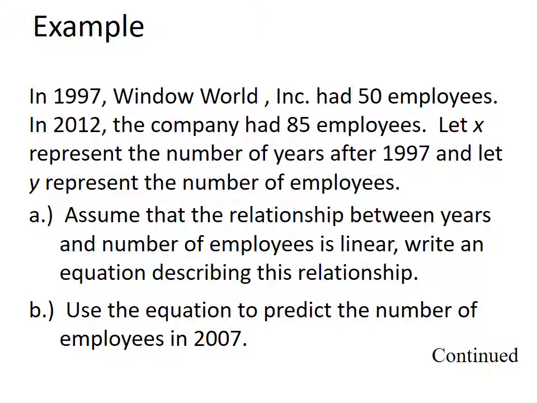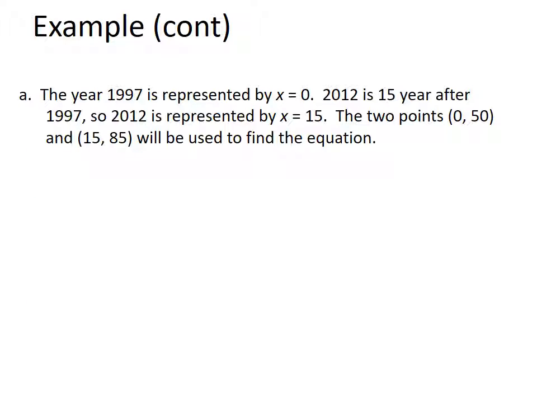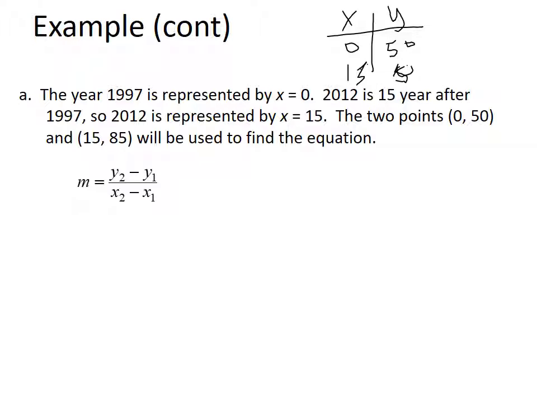So we're going to start off with the fact that if we let x equal 0, I'm going to make my table of x and y. x equals 0 is going to be 1997, and in 1997 there were 50 employees, and then 15 years later, in 2012, there were 85 employees.